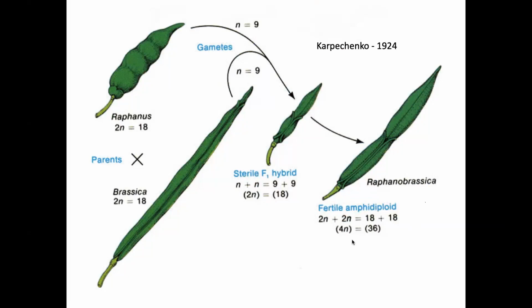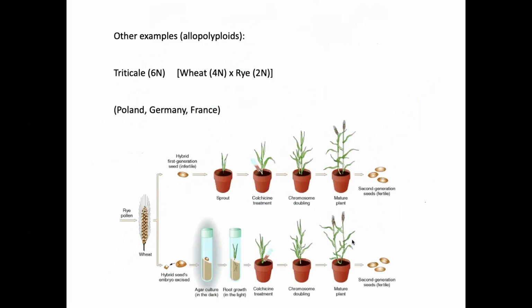Subsequent to that, there have been some successes where they have artificially created these types of allotetraploids that are now grown to produce food for human consumption. I'll just give you one example. Some of you may have heard of this grain that we call triticale. Triticale is actually an interspecific hybrid between wheat and rye.